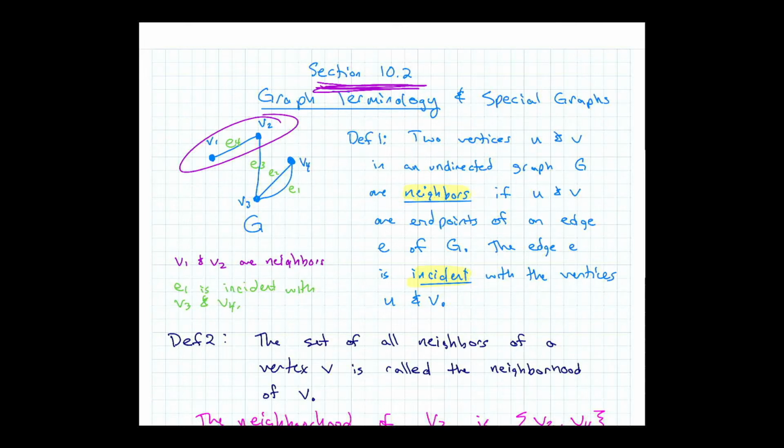So we talked about some definitions for graphs. We talked about neighbors, which meant that if two vertices were next to each other, then they were neighbors. We talked about incidence, which was kind of the same concept, but for edges. An edge, like this one right here, is incident with these two vertices. So an edge is incident with whatever vertices it is between.